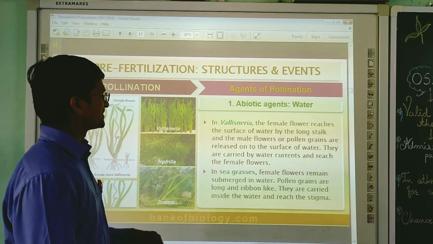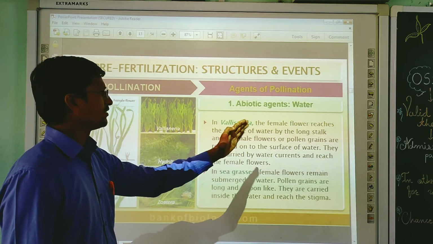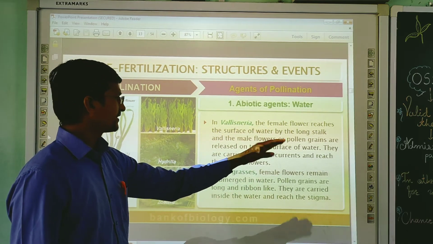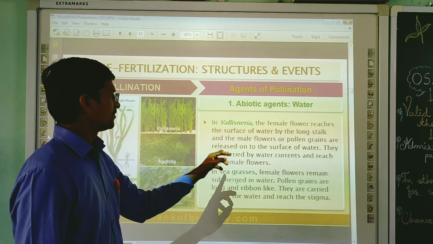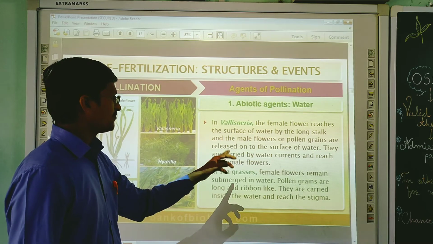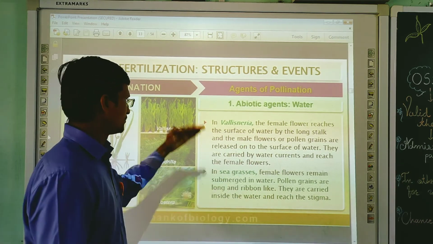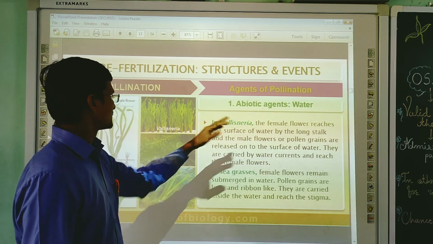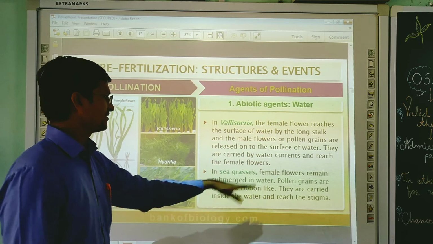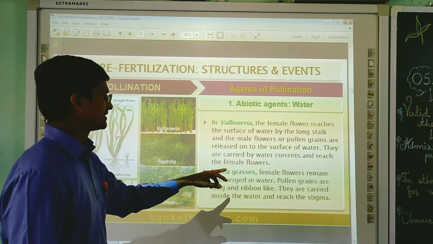In Vallisneria, the female flower reaches the surface of the water by a long stalk, and the male flowers or pollen grains are released on the surface of the water. They are carried by water currents and reach the female flowers. In sea grasses, female flowers remain submerged in water.